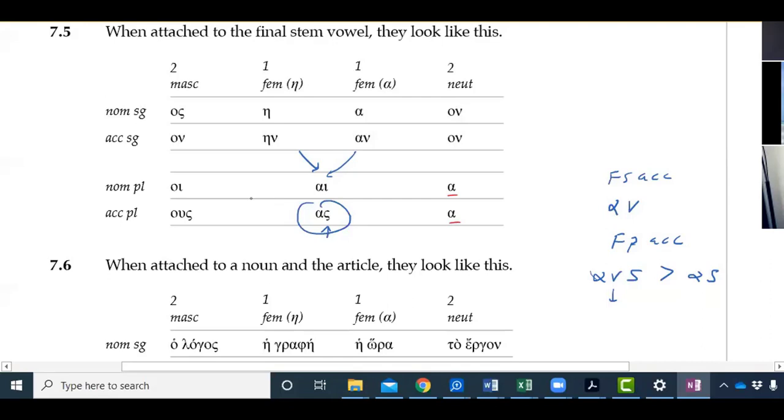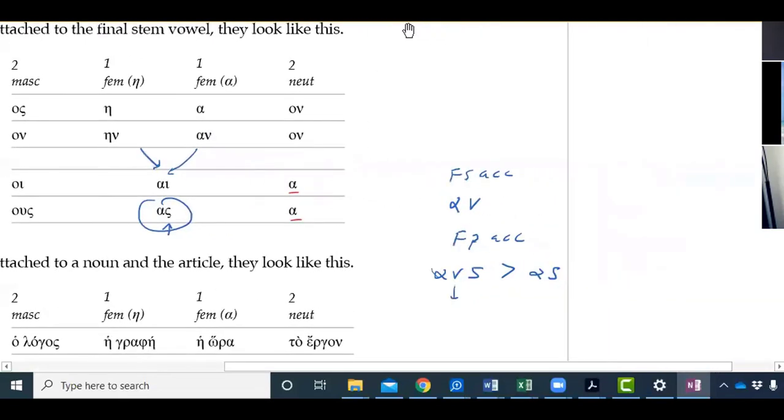Now, what happens over here with the accusative masculine form, that's singular. Let me give myself a little bit more room here. Is that form in the singular ον, right? Stem vowel, and then the singular nu case ending. And to make it plural, I would just add a sigma, okay? But did you notice that you don't have a nu in the accusative form here, do you?